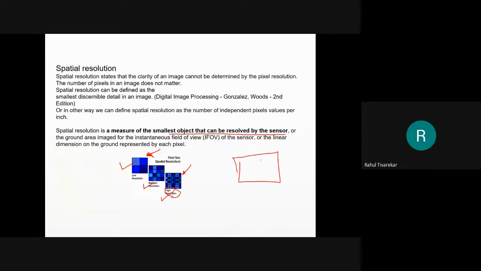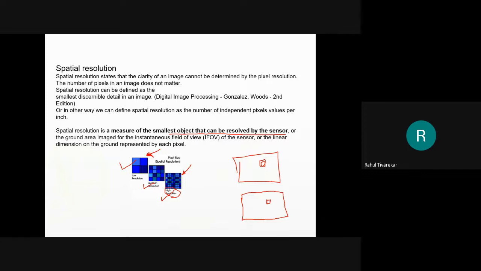Some camera can capture one face in a crowd with one pixel. This is an example only, yeah? And some other camera can capture one eye of that person with one pixel.